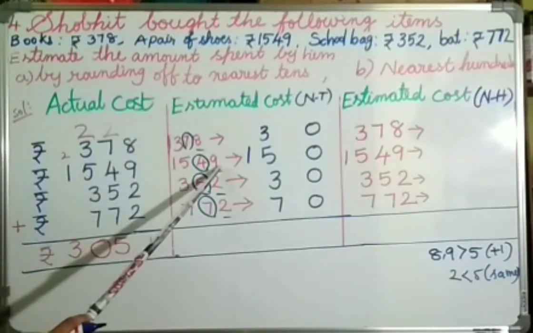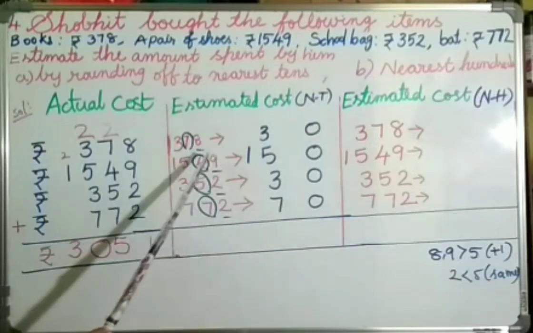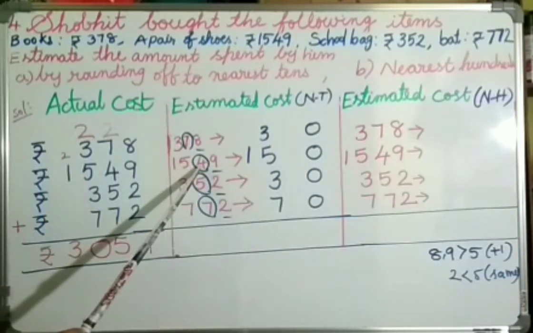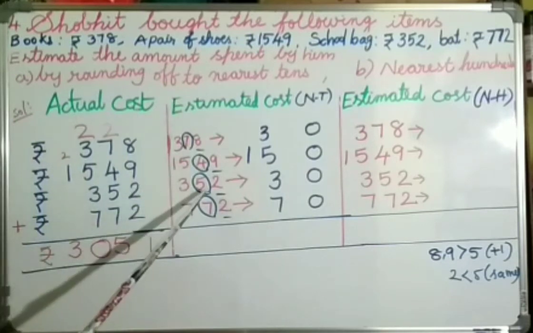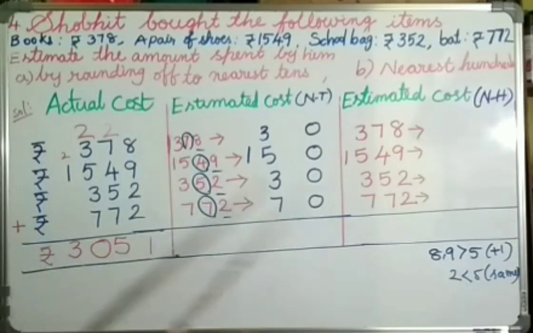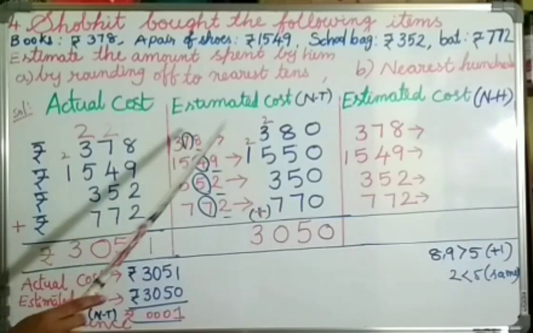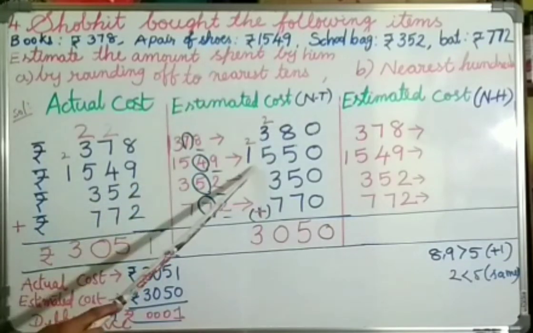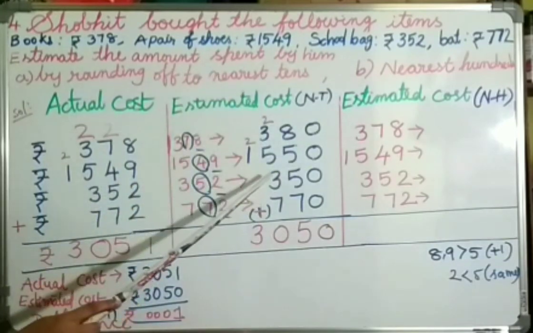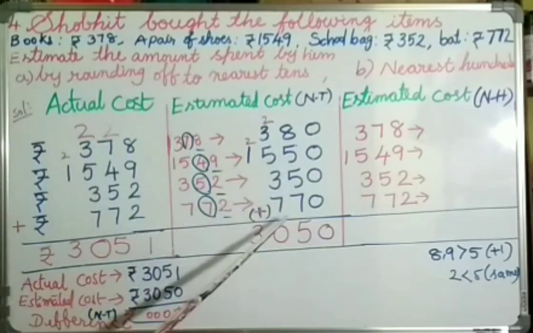Here 9 is also greater than 5, so we increase the circled digit by 1. Here 2 is less than 5, so we write the same number in the circled digit. So 378 becomes 380, this is 1550, this is 350 and this number is 770.